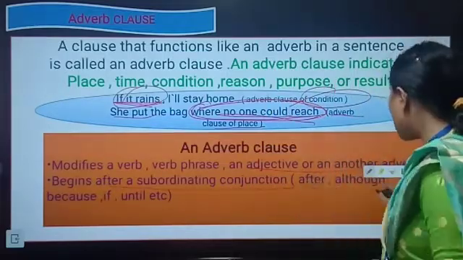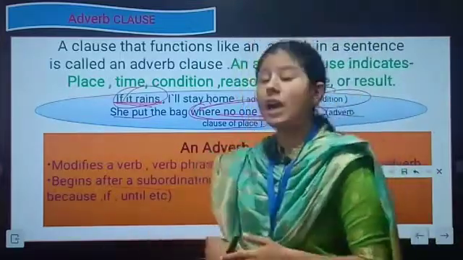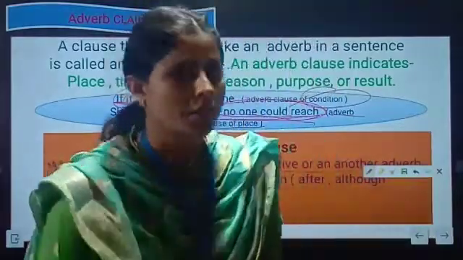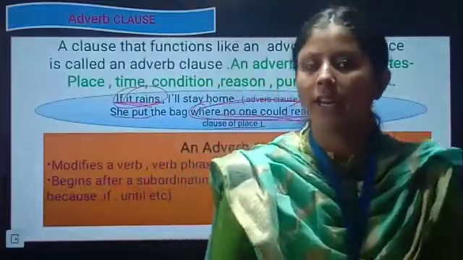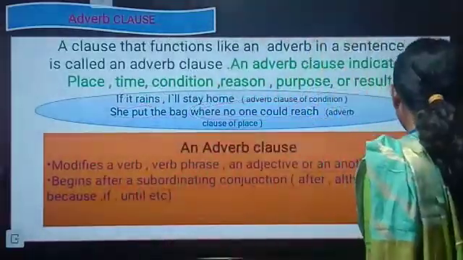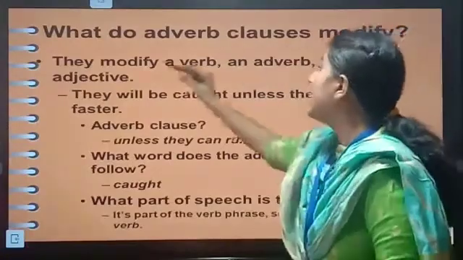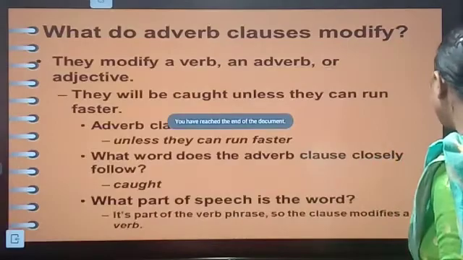Subordinating conjunctions are after, although, because, if, until, unless. So these all are the subordinating conjunctions. So they always start with a subordinating conjunction. Let's understand it. What do adverb clauses modify? They modify a verb, adverb or adjective, right?